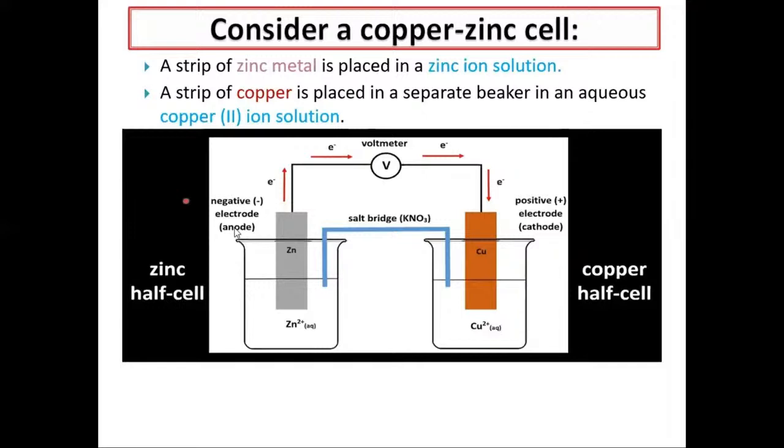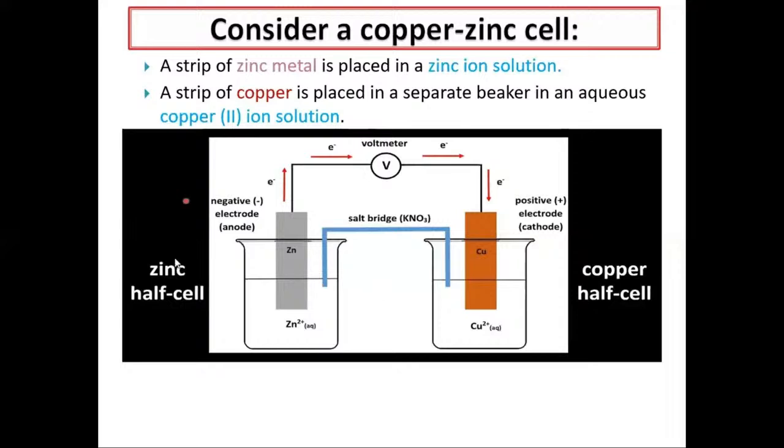It's supposed to be at the anode. And then copper is going to receive the electrons from zinc, therefore it's going to be reduced. Therefore, we will say that copper has caused the zinc to be oxidized. Therefore, we shall say that copper is a strong oxidizing agent. Why? Because it has made zinc to be oxidized.